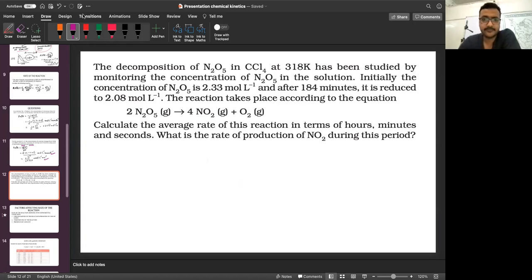Okay, anyone, what is the answer? 0.25 by 368. Solve it now, and give me the answer in standard notation.